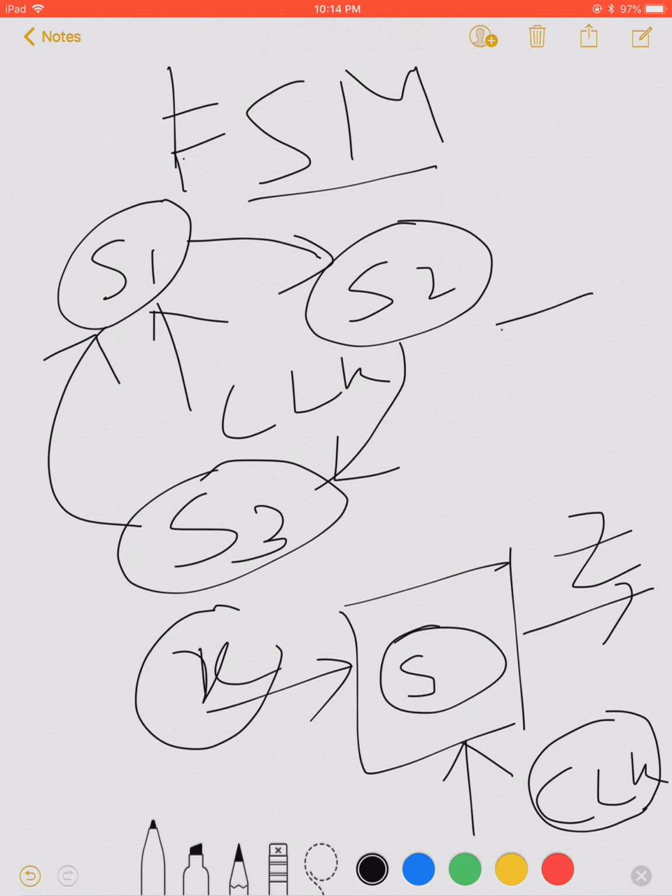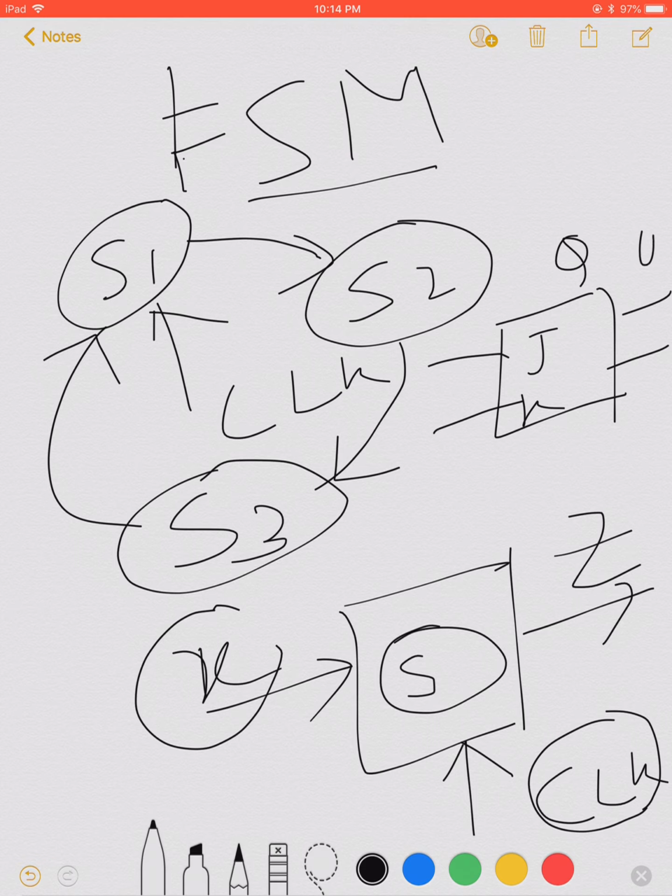Suppose one example is a flip flop, right? Suppose you take a JK flip flop and suppose its output Q is at 0, and Q bar is 1.